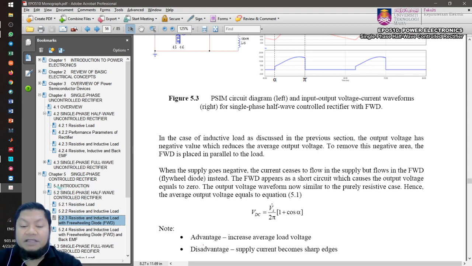But the disadvantage is, if you look at the supply current, it has sharp edges. What this means is that the current will jump from almost peak value to 0. So there will be a high di over dt, the rate of change is very high.